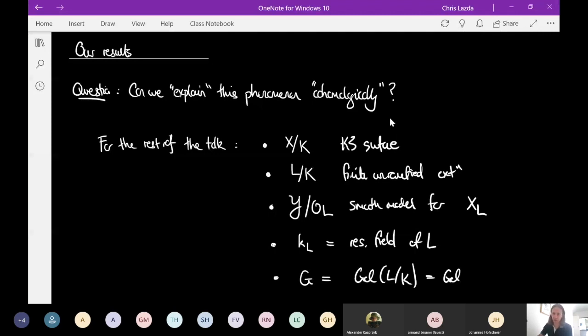Okay, so essentially the setup we've got is a K3 surface that has good reduction over an unramified extension, and we want to tell when it actually has good reduction over K itself.